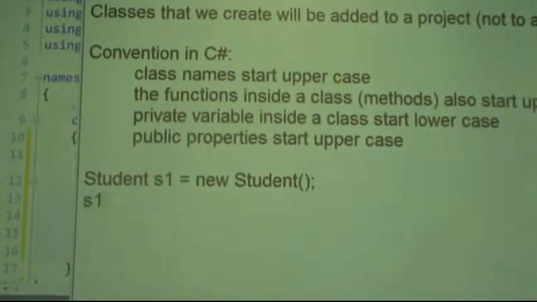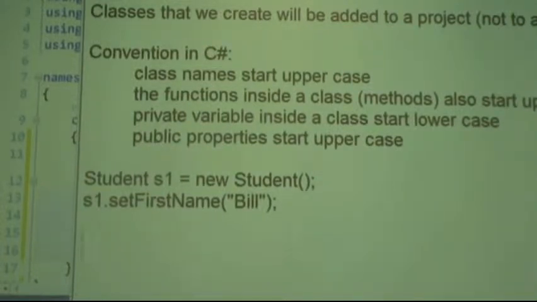So this is how we will create one student, right? Okay, if we don't have that property, then the traditional way will be something like this: set first name, let's say Bill. So this is the traditional way, if we don't have that property, just a get and set. But once we put that property, then somebody can say S1 dot first name equal to Bill.